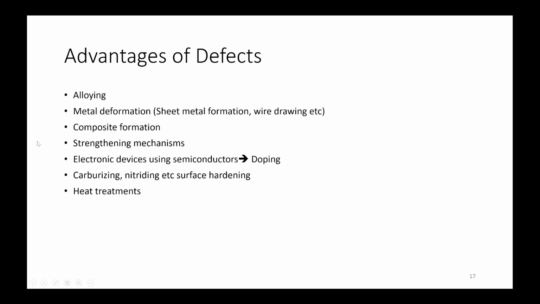And strengthening mechanisms such as precipitation, solid solution strengthening, and dislocation strengthening all require formation of defects. Electronic devices which use semiconductors use doping, which is again an advantage of defects. And in case of steels, there are certain processes that are used such as carburizing, nitriding, and other heat treatments. These all also depend on diffusion and formation of vacancies and other defects.